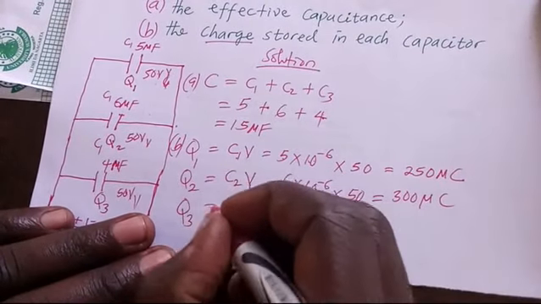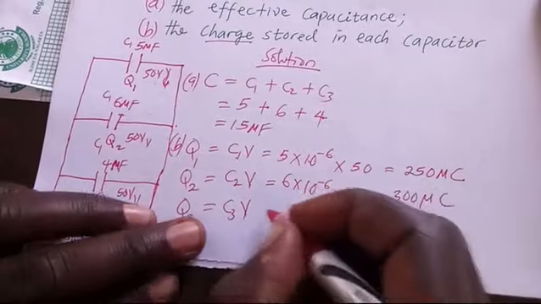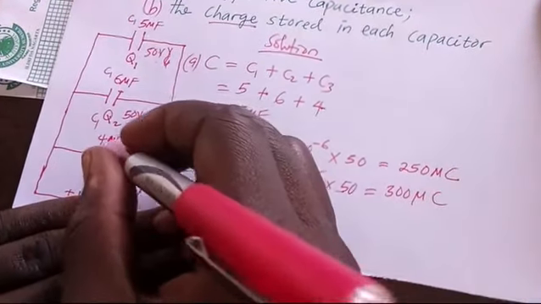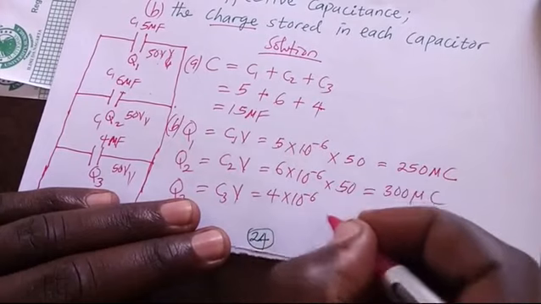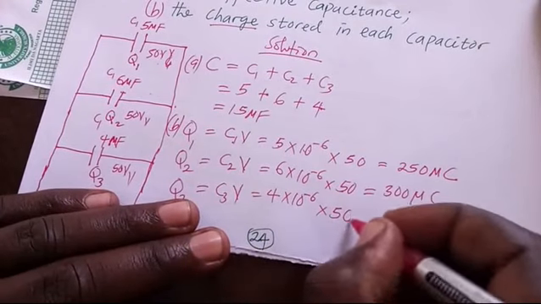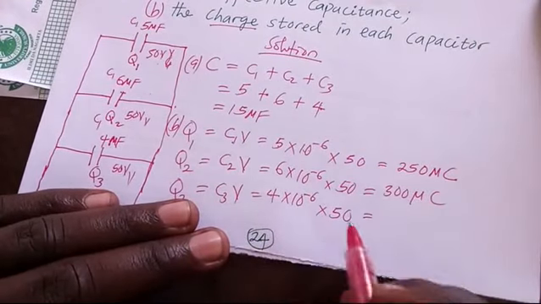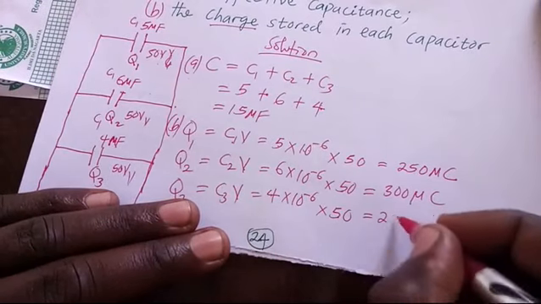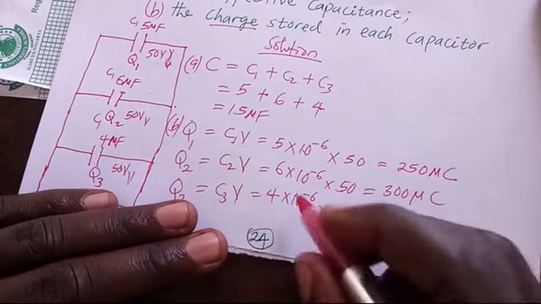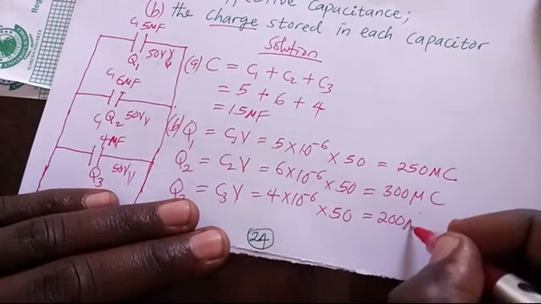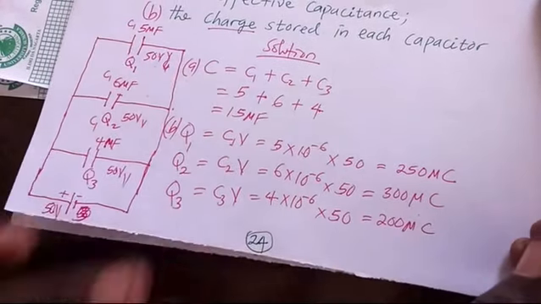Then Q3 is equal to C3 V, and our C3 is 4 microfarad, so 4 times 10 to the power of minus 6 times 50, and this is 200 microcoulomb. You see that?